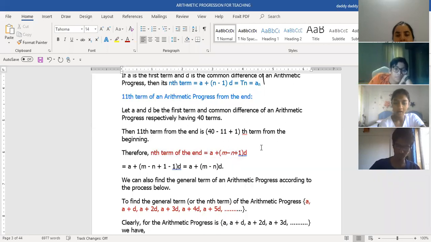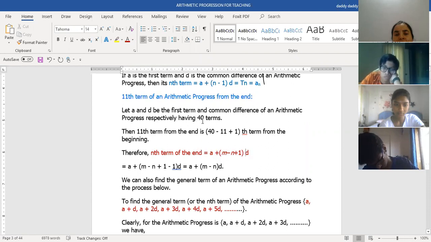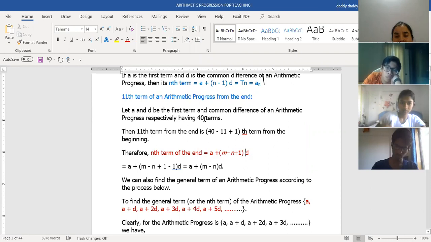They will give you the first term, the value of the common difference, and how many total terms are there in that series, and they will specify that they want the 11th, I mean nth term. Here I have taken the 11th term from the end, right? So this is how you will generate the answer. Now who said that I did not understand?